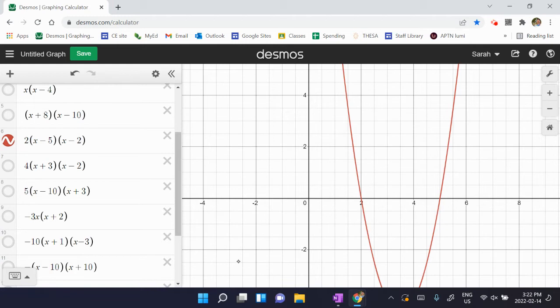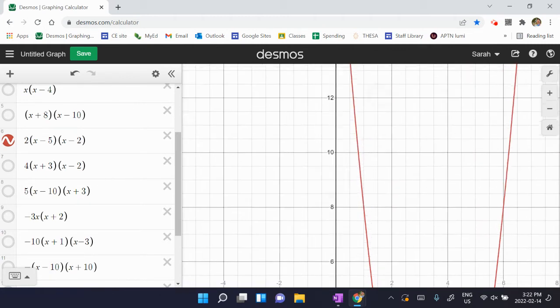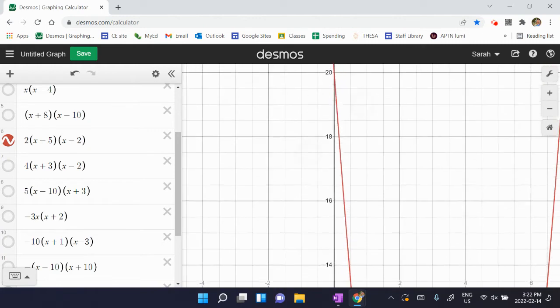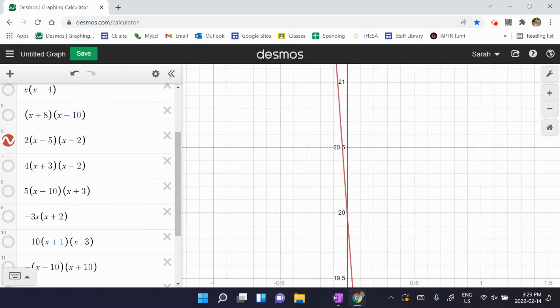So what I notice about this is the x-intercepts are 2 and 5. The y-intercept is way up here somewhere.